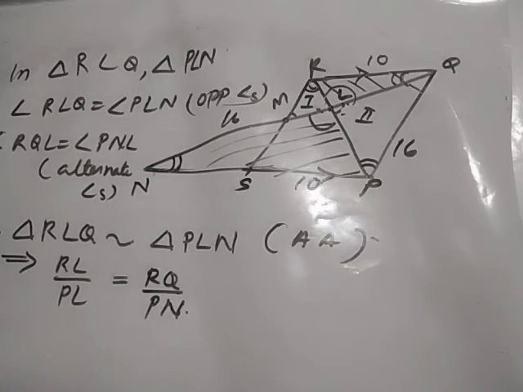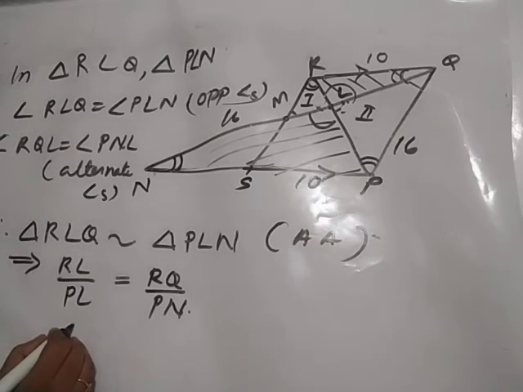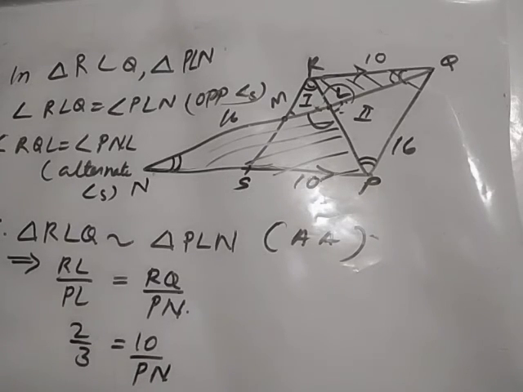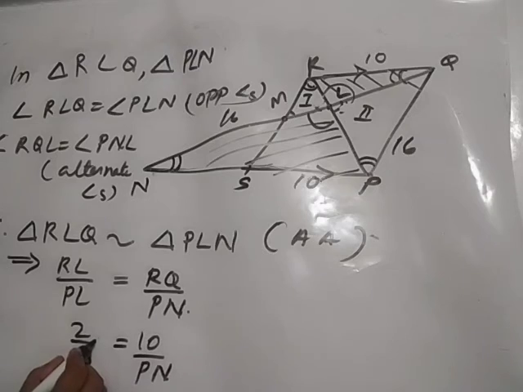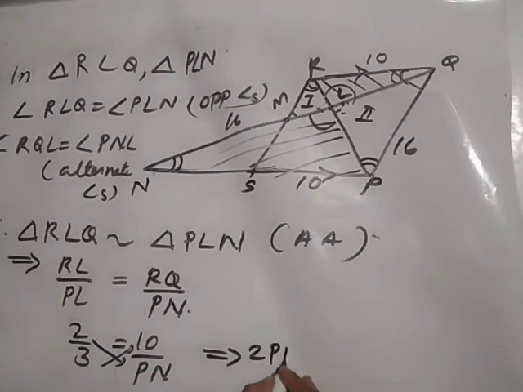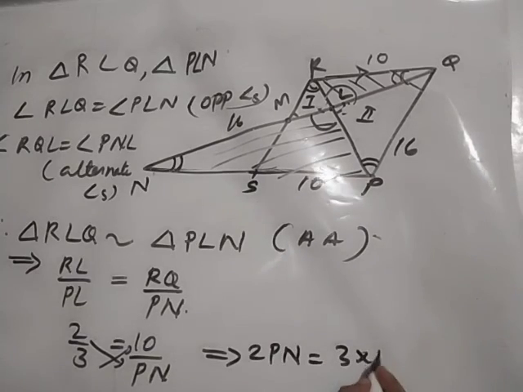Okay. Let us substitute the values. RL by PL is 2/3. RQ, what is the length of RQ? It's 10, given in the question, by PN. So multiply to find PN. 2 PN equal 3 into 10.